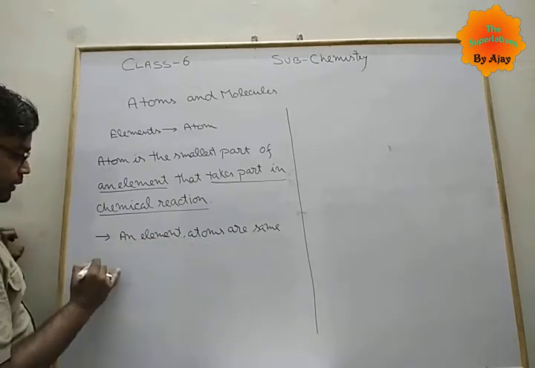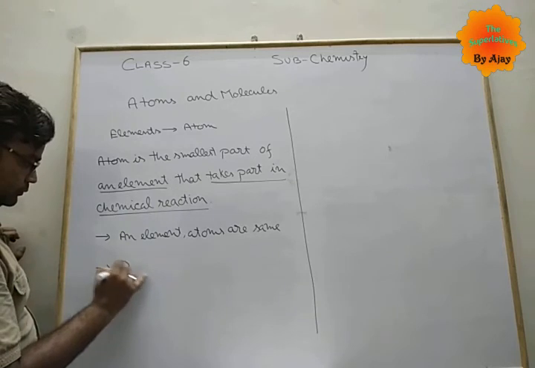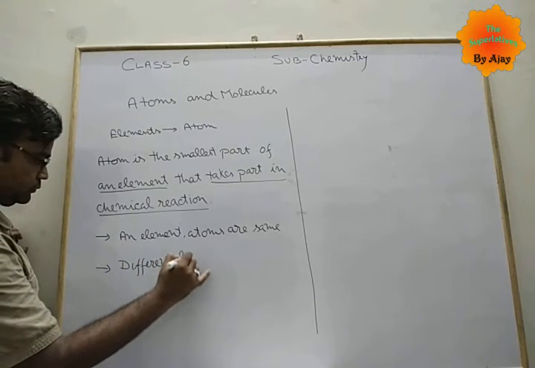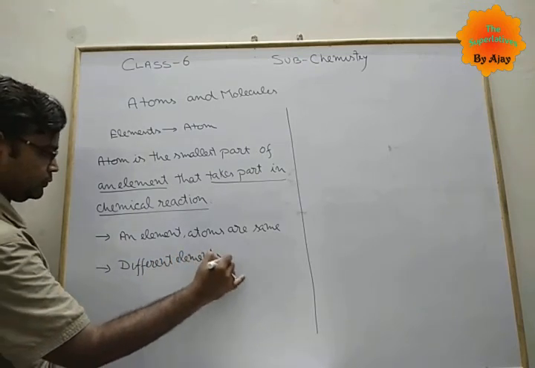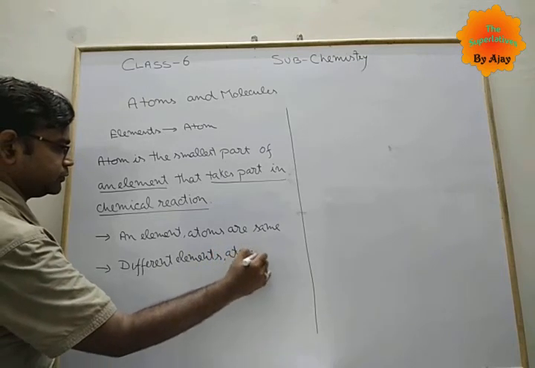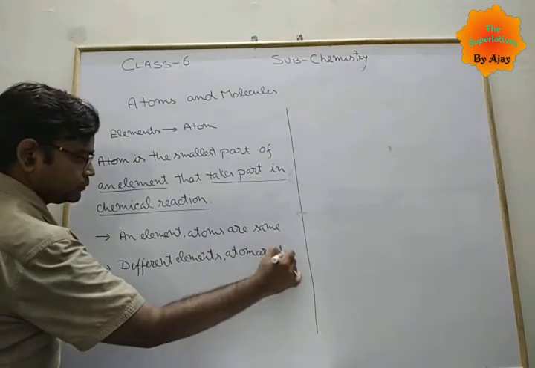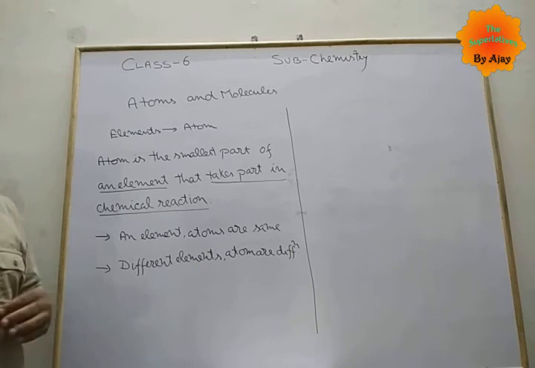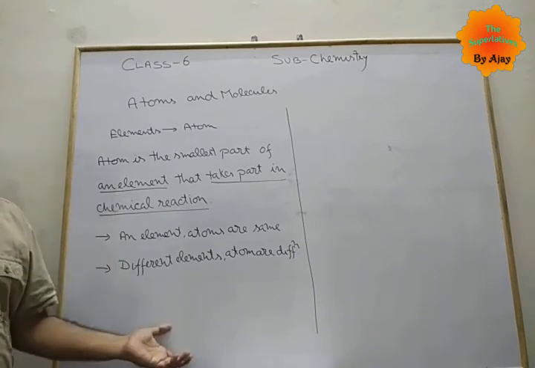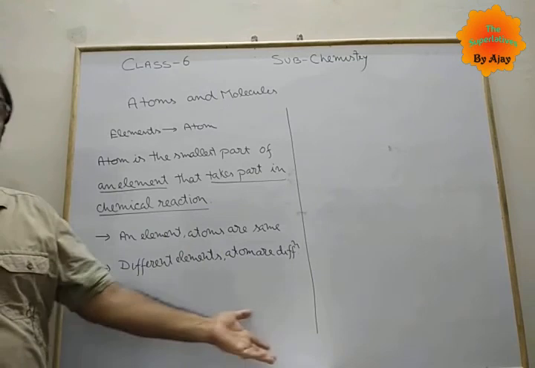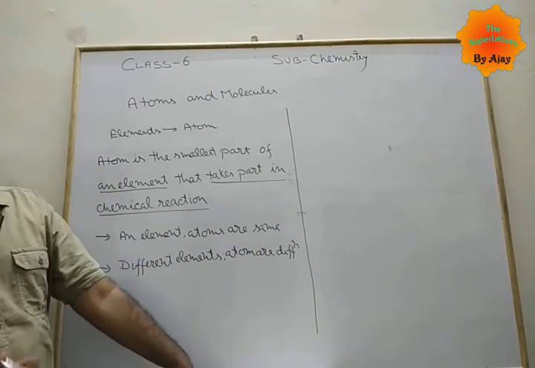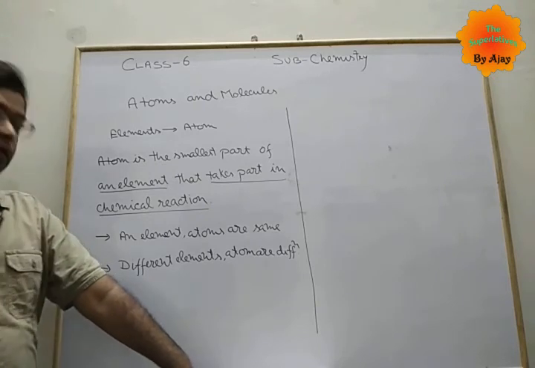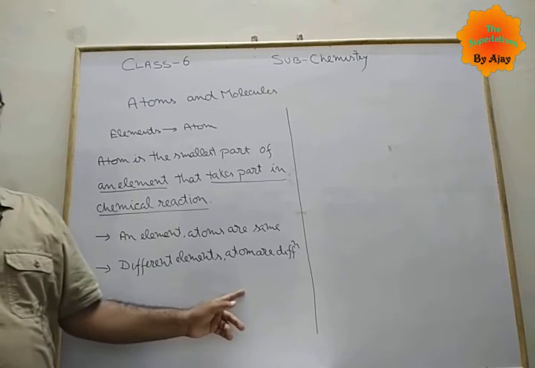But for two different elements, atoms are different. Means atoms of hydrogen are not like atoms of oxygen. Atoms of silver are not like atoms of gold. Atoms of iron are not like atoms of aluminum. So for two elements, their atoms are different. For one element, atoms are the same.